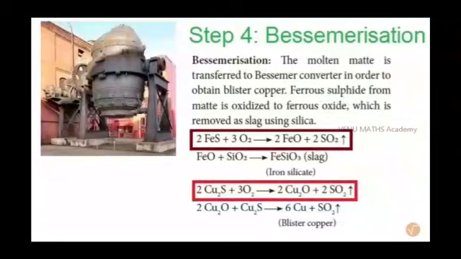This copper oxide Cu2O when added to copper sulfide Cu2S, we'll be getting blister copper and sulfur dioxide gas. Blister copper is nothing but 98% pure copper. Blister copper contains 98% pure copper and 2% of impurities.